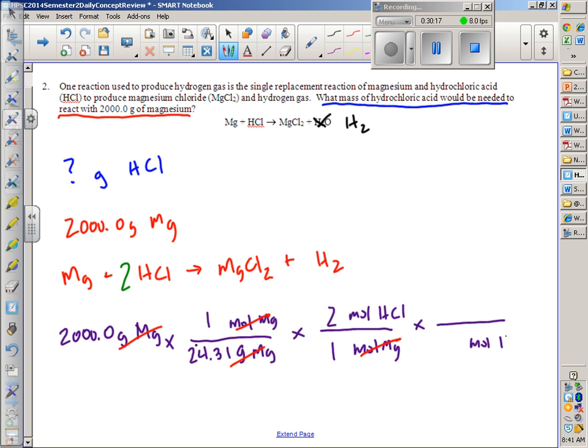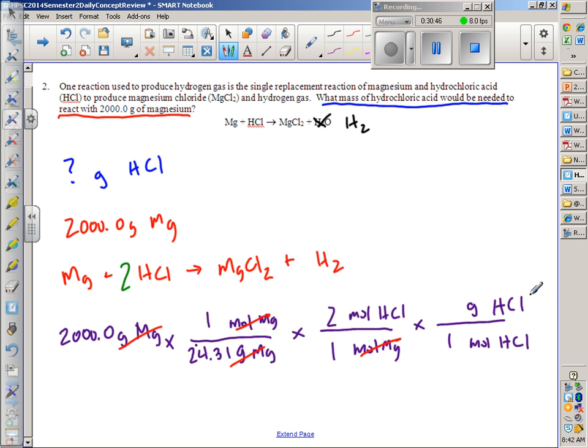Moles of HCl has to go on the bottom of this conversion factor to cancel out, and we go grams of HCl on the top. Converting moles of one thing to grams of that same thing is always on a 1 mole basis, regardless of the fact that there's a 2 coefficient in the equation. That doesn't matter when we're converting moles to grams.